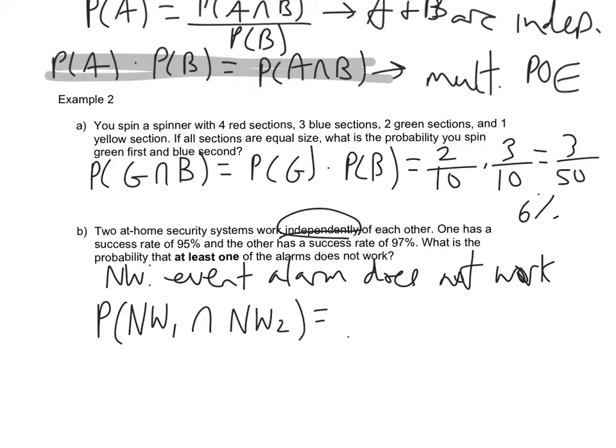That probability would be 0.05, which is 100% minus 95%, or 1 minus 0.95, which is 0.05, times the probability of the second one not working, which is 0.03, and that equals 0.0015, which is 0.15%. So that's the probability of both of them not working.